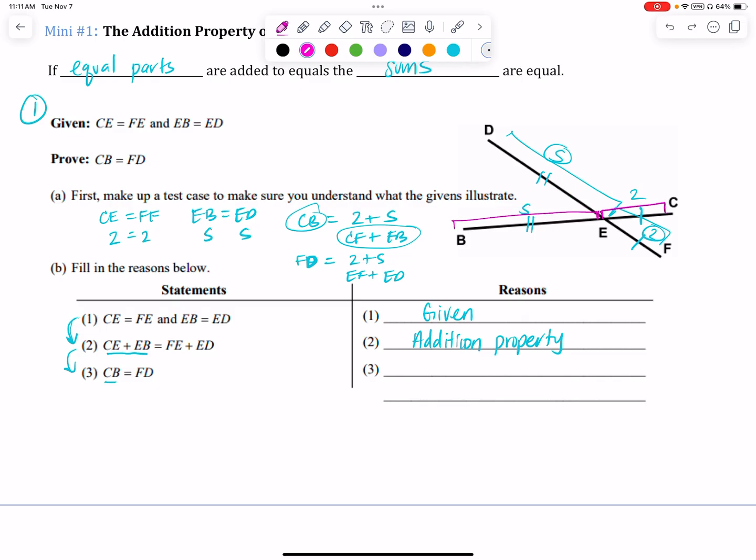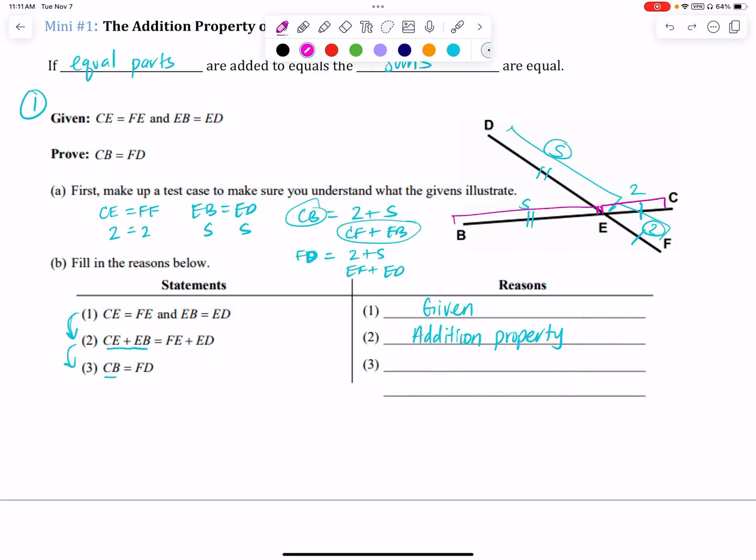So you could write substitution, or I like to use, personally, the whole is the sum of its parts. Because here, this is the whole amount, CB, which is the sum of its parts, CE and EB.